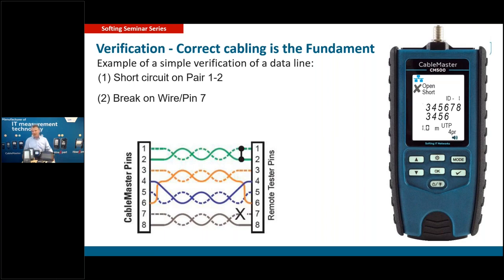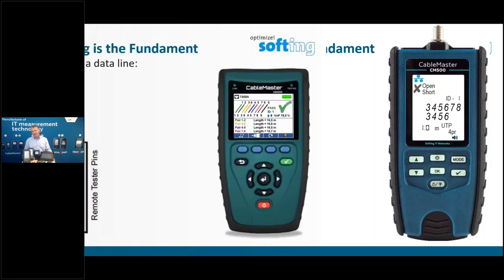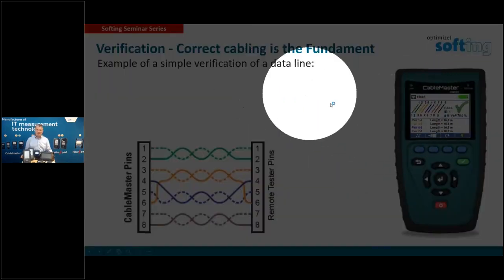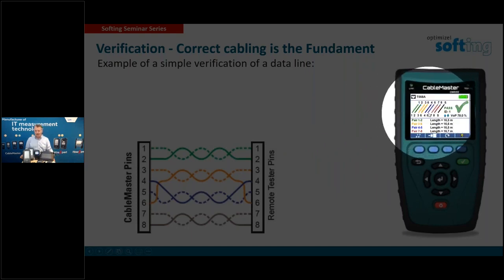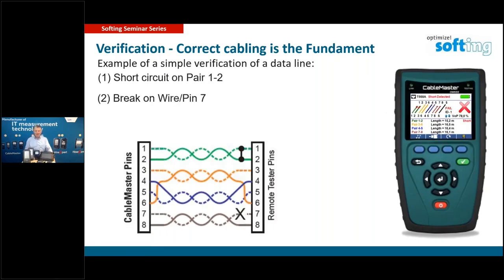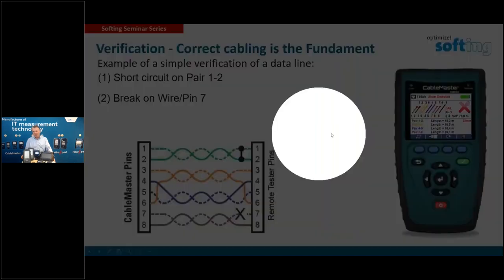So that's what the Cable Master 500 looks like. To compare it with a Cable Master 600, you get roughly the same information. You will get the information that pins 1 to 8 are connected. You have the length here with 60.5 meters, and if you have a fault there, it will also show you that you have a short circuit on 1, 2.